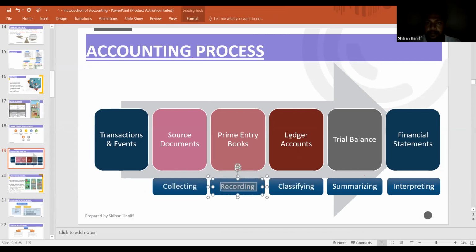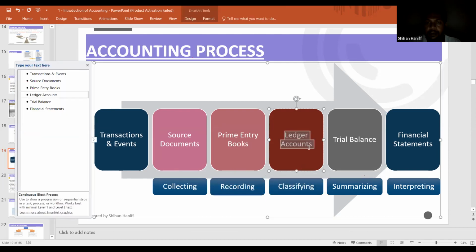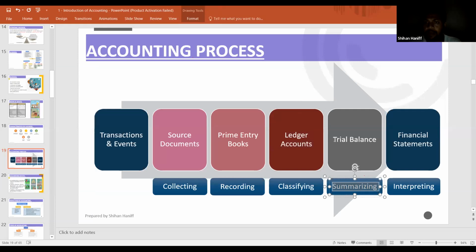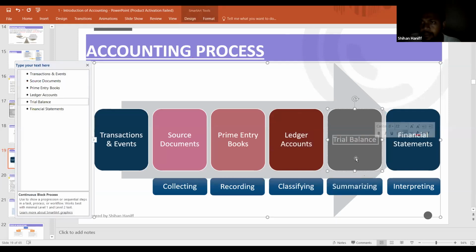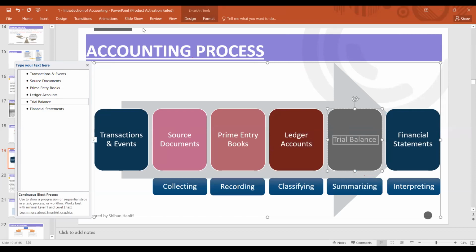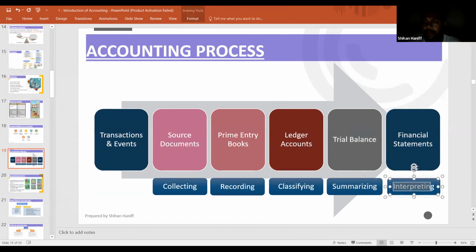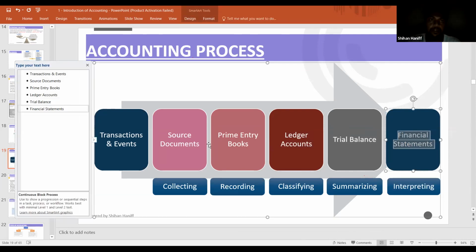Okay, collecting, recording. Then we classify them into the ledger accounts and summarize through the trial balance. And finally, interpreting through financial statements.